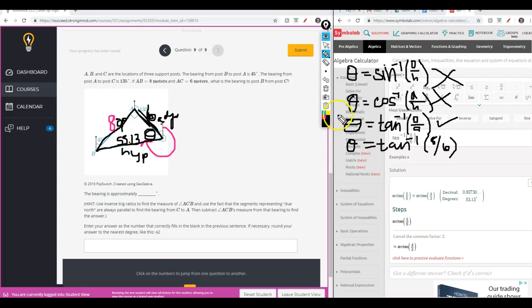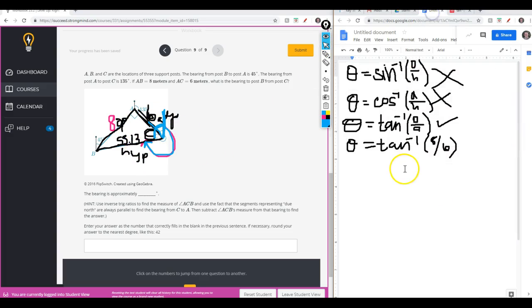So now the other piece that I want to find is this angle right here. Because again, remember, I'm looking for this part of the angle. And if I find these two pieces, I can add them together and subtract them from 360, and it'll give me that part of the angle.